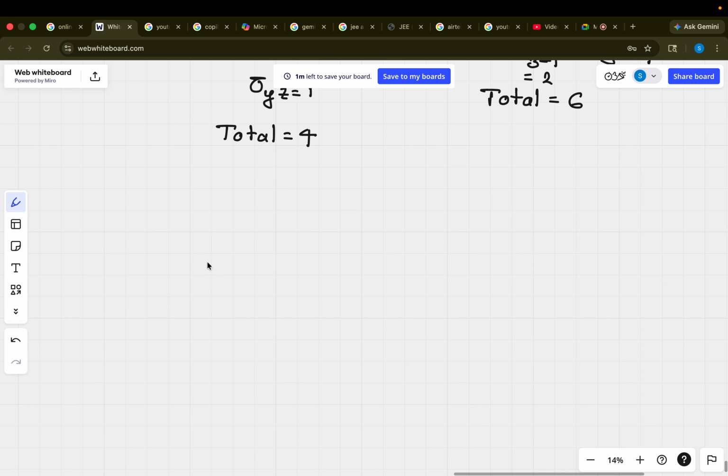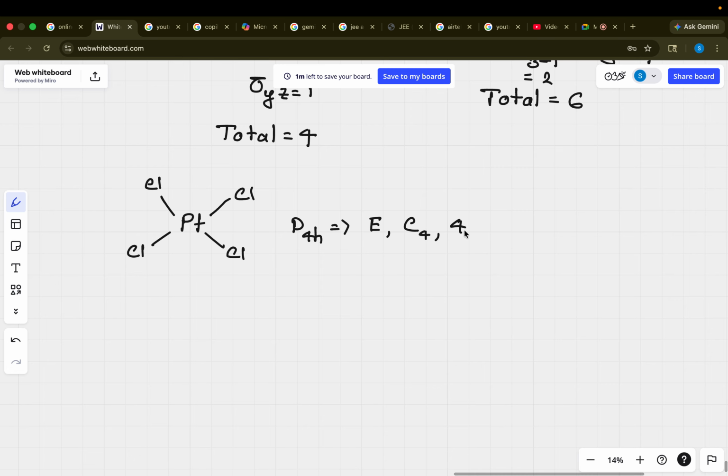Now suppose I have PtCl4, so here the point group will be D4h. So in D4h, what are the operations? First of all identity, then you will have a C4 axis.